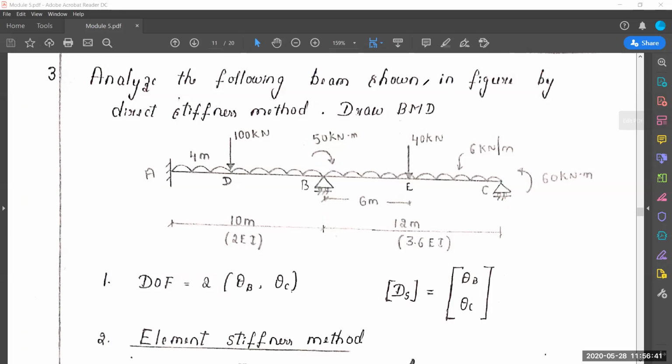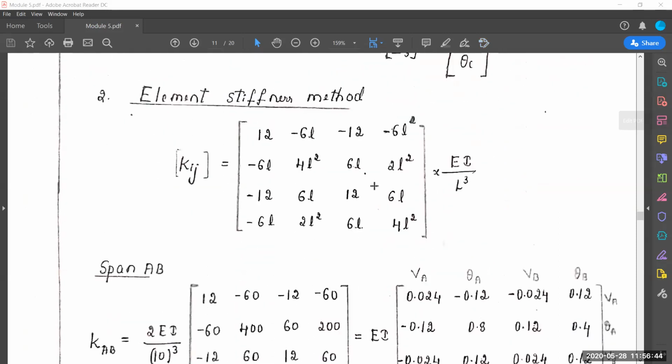Second step is finding the stiffness matrix. For finding it, I have assumed clockwise rotation here. One example I will write. Span AB it is, right?